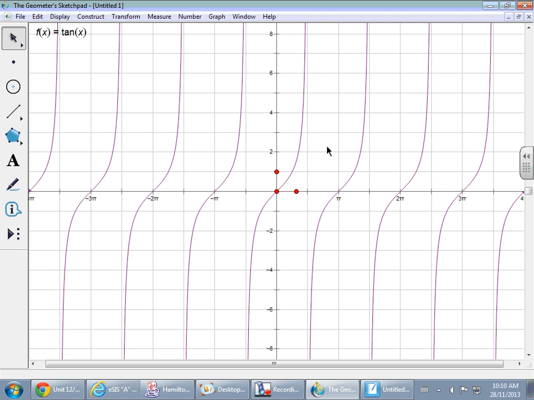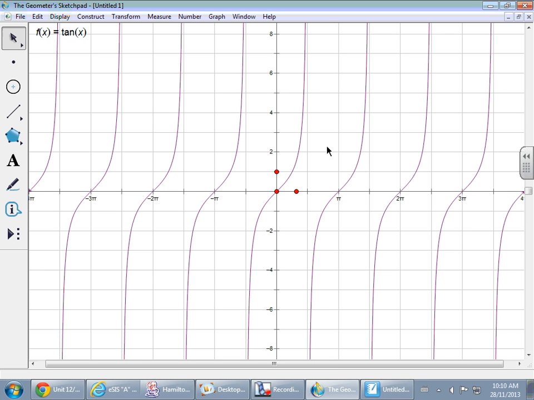And then it repeats itself forever and ever. So unlike the sine and the cosine curve, the tangent curve is only going to have one answer, and then that answer repeats itself every pi.